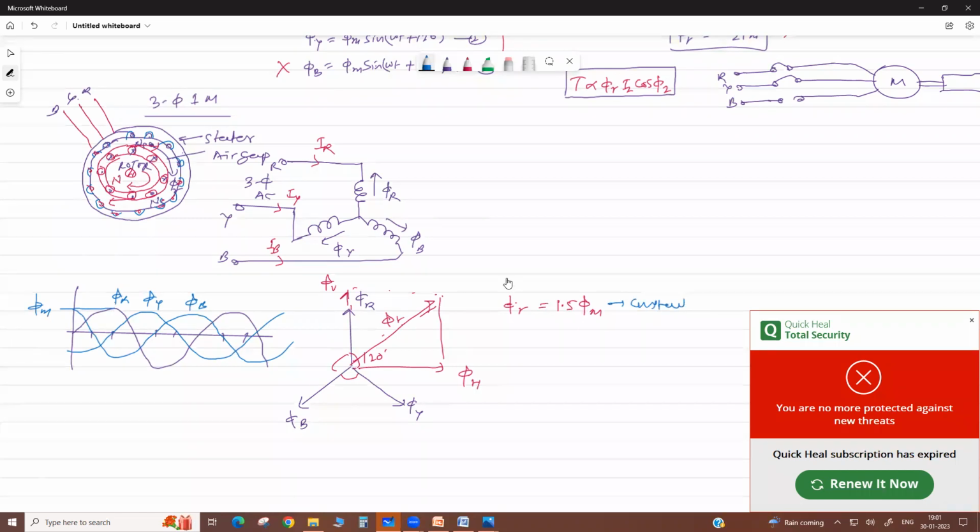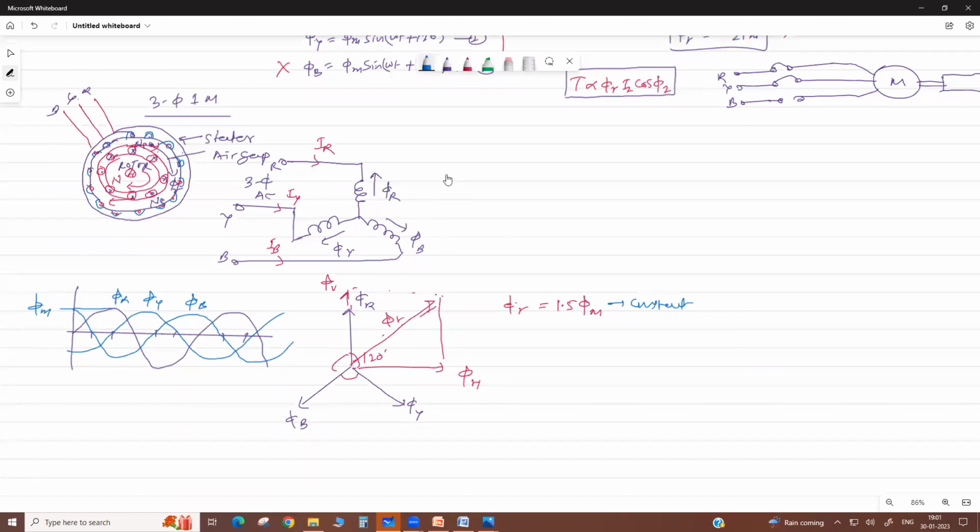Now the squirrel cage rotor is represented by this. This is your rotor, the squirrel cage, with the rotor conductors. Now see, the resultant flux phi R is produced here, which rotates with synchronous speed.